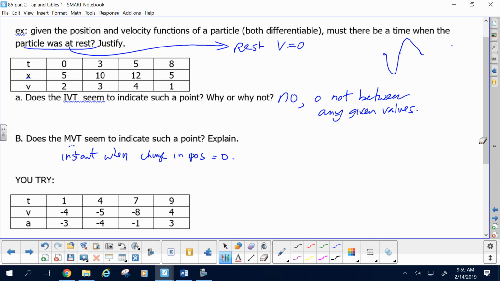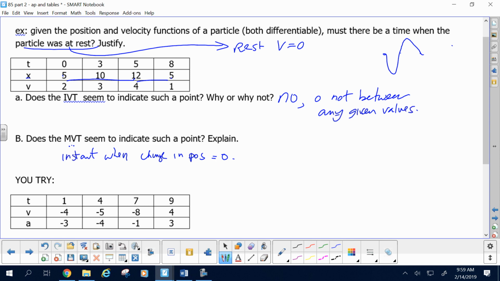Yeah, from 0 to 8, the overall average rate of change is zero, and so there must have been a place where V was 0. You can think of it this way: position was increasing here, V was positive, then decreasing, negative. It must have been 0 in there somewhere. If it went from increasing position to decreasing position, it must have been stationary. So MVT does seem to indicate it.